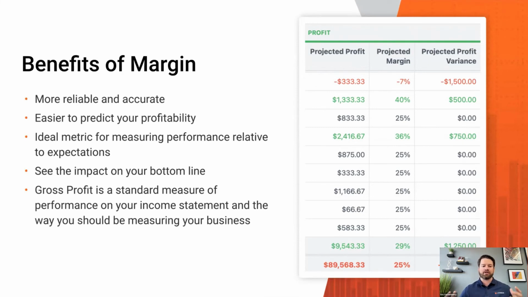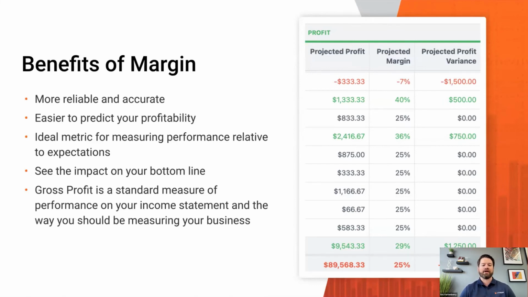Sometimes you could group up some miscellaneous other material costs, but for the key cost drivers, the key profit drivers for your job, you need to always make sure that you're analyzing that performance so that you can understand if you need to adjust later.